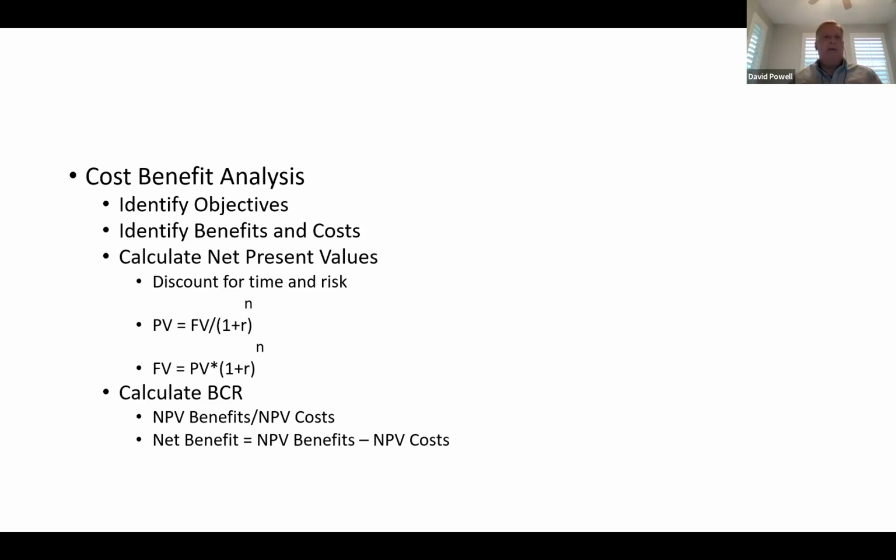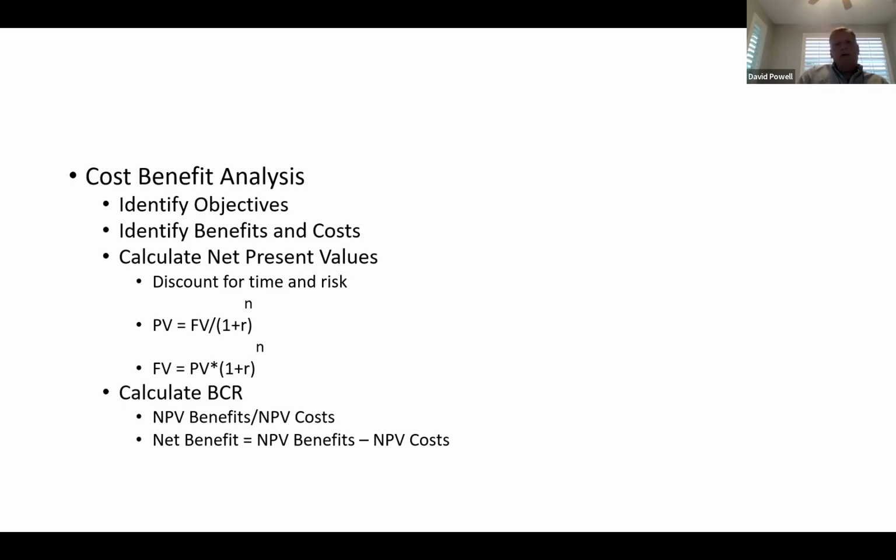We don't have time in this summer class to go through my favorite example, but whenever I would teach a policy class, my example of some of the limitations associated with a benefit cost analysis would be from a textbook by Weimer and Vining, wherein they look at the benefit cost analysis of increasing the tax on alcoholic beverages. They say, let's do a benefit cost analysis of increasing the tax on alcoholic beverages. Seems like a pretty straightforward endeavor, but it becomes very complicated once you get into it.